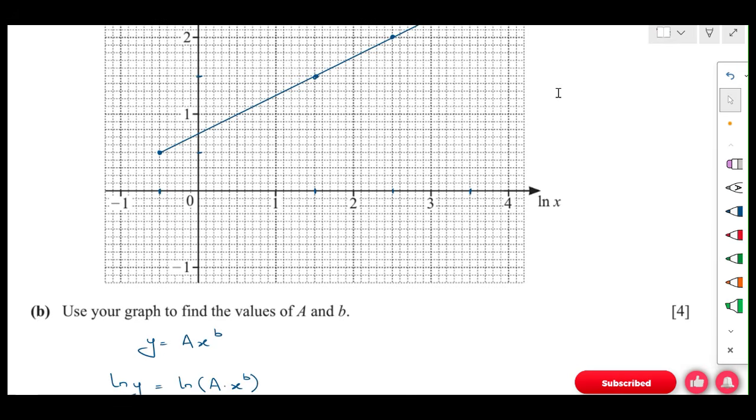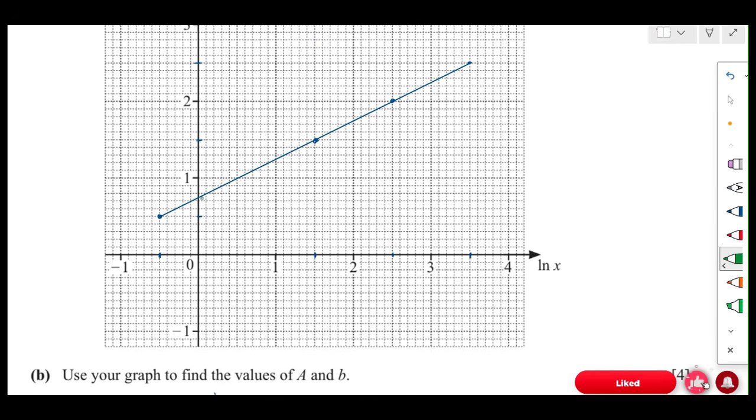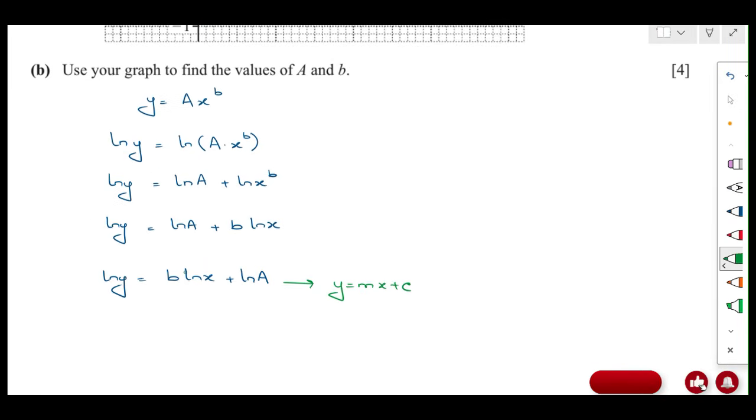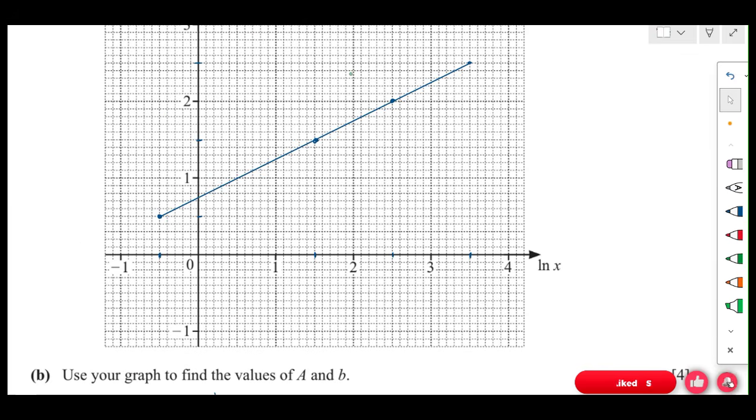Okay, so what is the y-intercept? The y-intercept is this point, which is 1, 2, 3, 4, 5, 6, 7, 0.75. So here we can say natural log of a is 0.75.